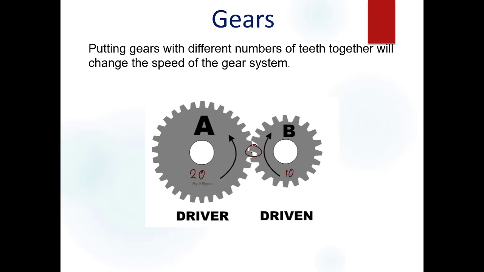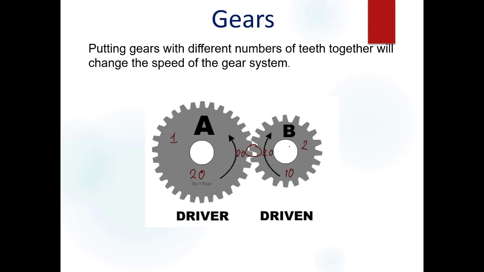Now if I look at this point here, when gear A rotates once, 20 teeth will pass that point there. And because the two of these are meshed together perfectly, 20 teeth must also pass on the other side. Now, because gear B only has 10 teeth, every time gear A rotates once, gear B will rotate twice.